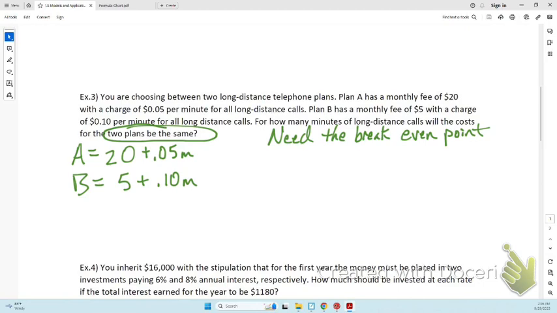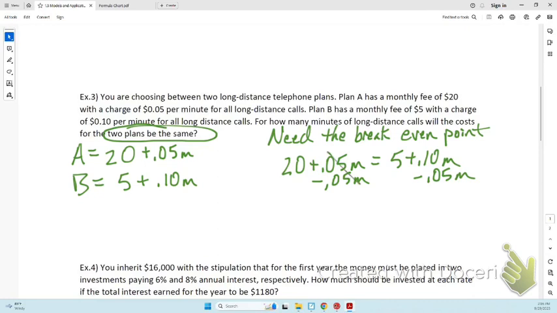So I set the two equations equal to each other. And then I have one variable, I have an m, I can solve it. Let's subtract 0.5 from both sides. I'm going to write this because you end up getting 0.5.